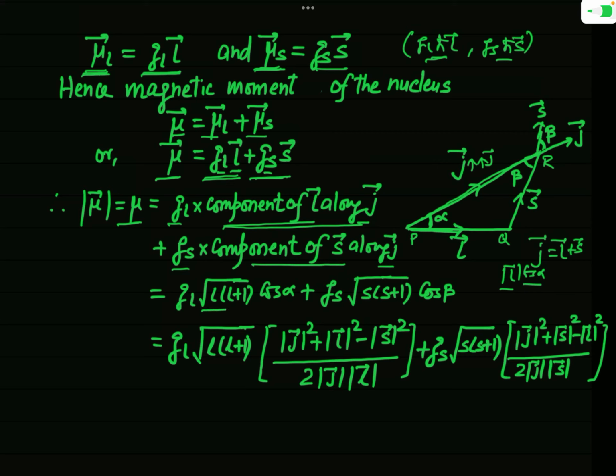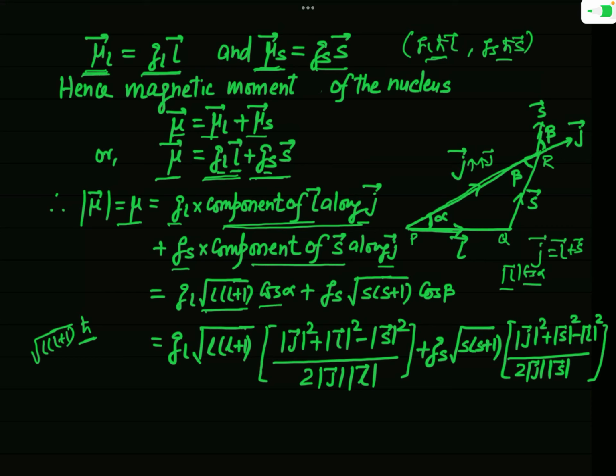This is the square root of L into L plus 1 into h bar, but I have not written h bar here. Remember, the eigenvalue of the orbital angular momentum operator is root over L into L plus 1 into h bar. But we have written here only root over L into L plus 1, that is, we have omitted h bar. Why? Because I have told you earlier that this h bar, which is a constant factor, has been taken as unity. So I have not written h bar here.